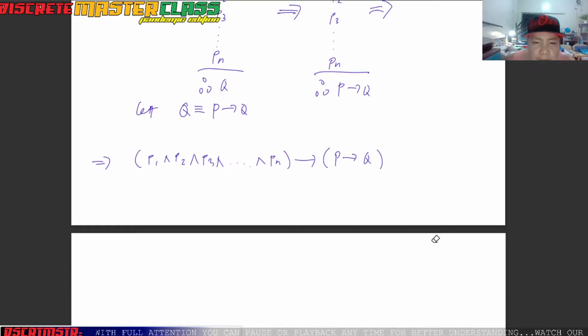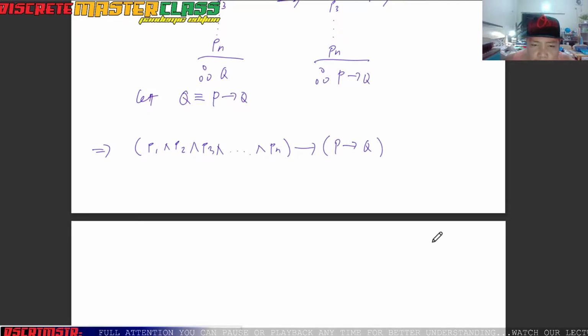From that, gagamit tayo ng rules of replacement. Isa sa rules of replacement is what you call exportation. So, recall na lang natin kasi baka wala kang hawak na rules. Recall expo.